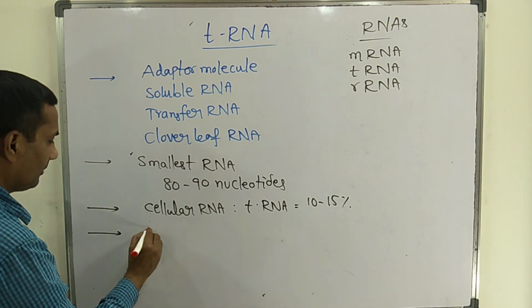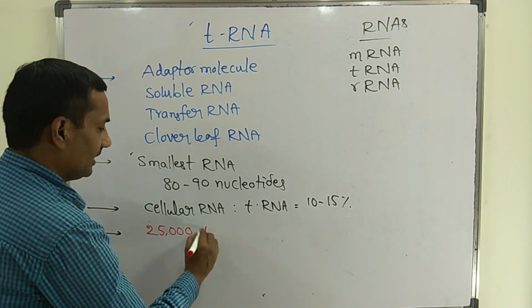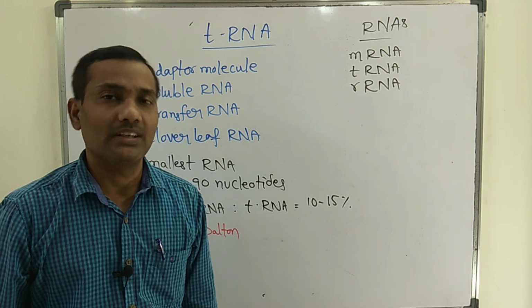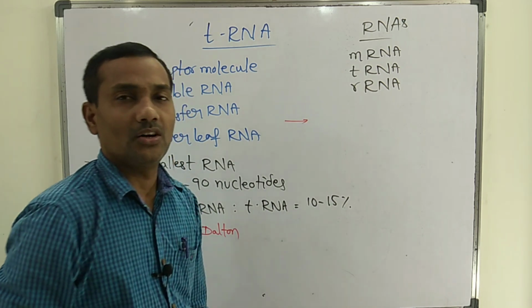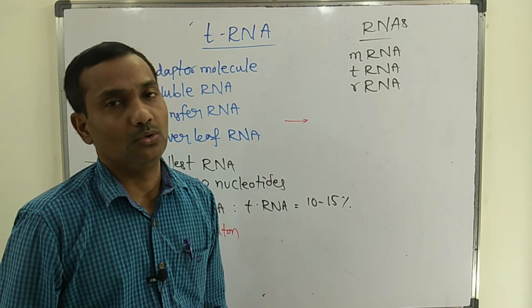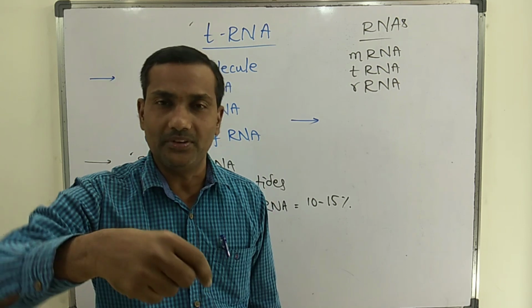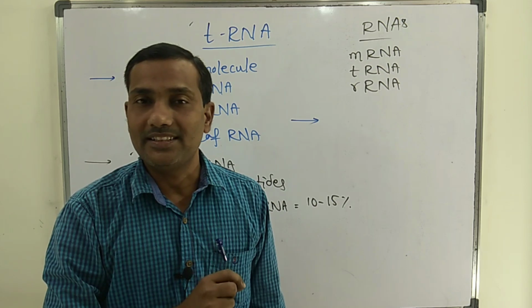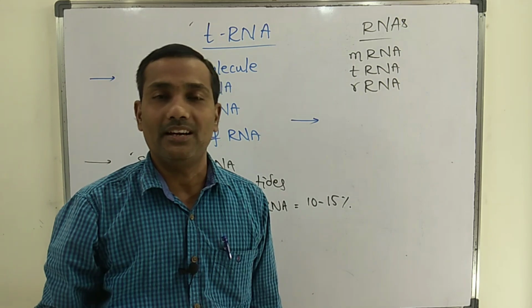Its molecular weight is approximately 25,000 Daltons. tRNA has different loops: three distinct loops and one indistinct loop. tRNA mainly performs two functions: it reads codon sequences on the mRNA with the help of the anticodon loop, and it brings the relevant amino acid.